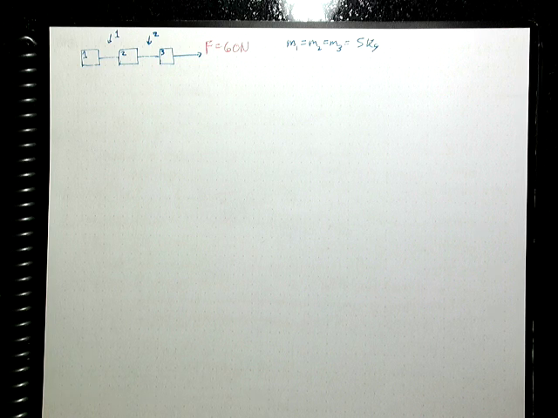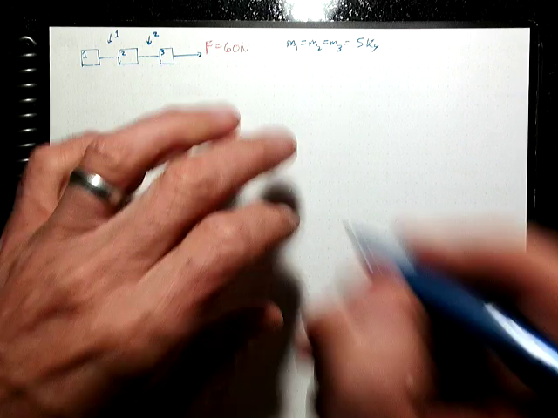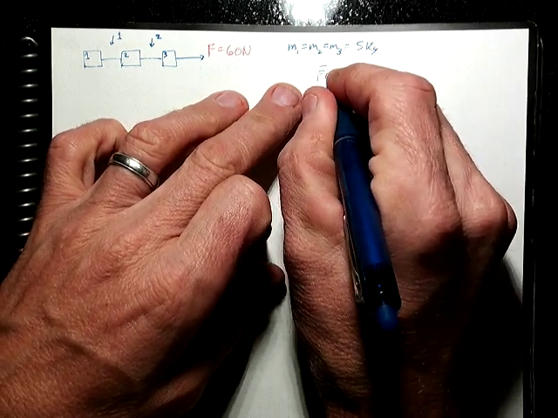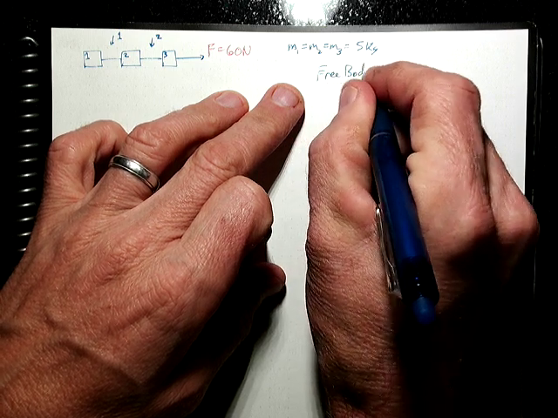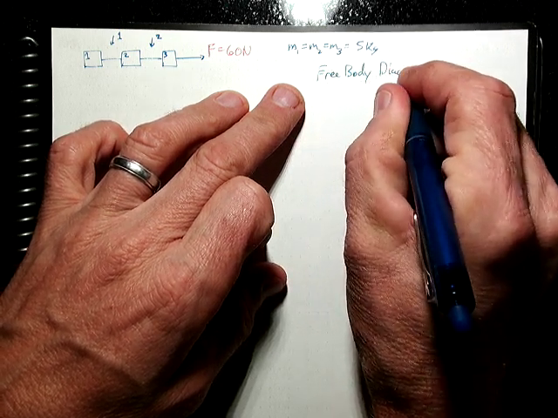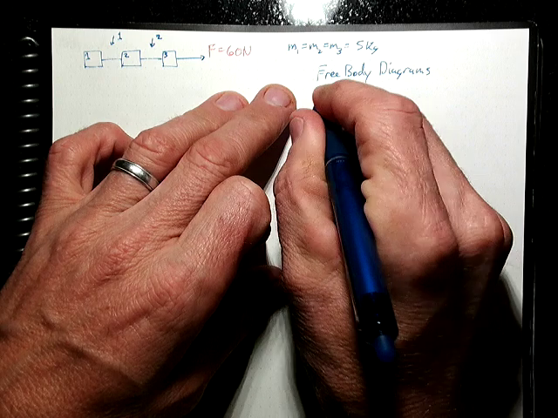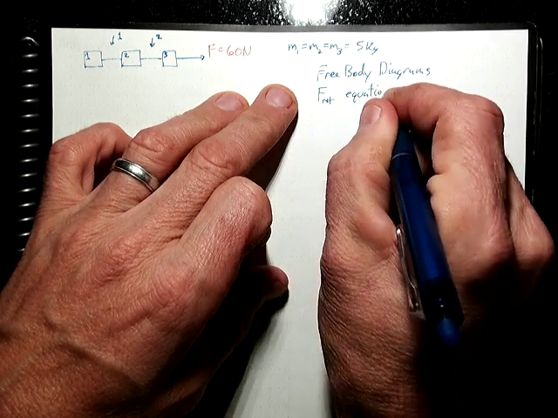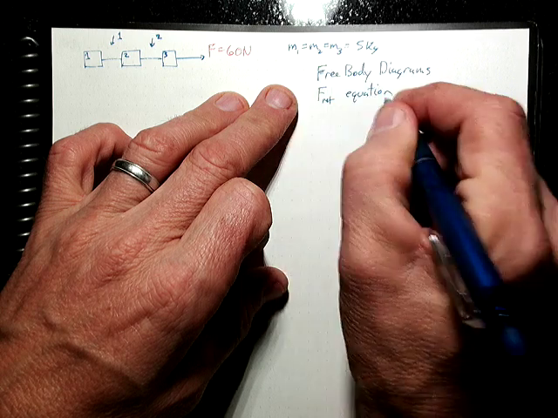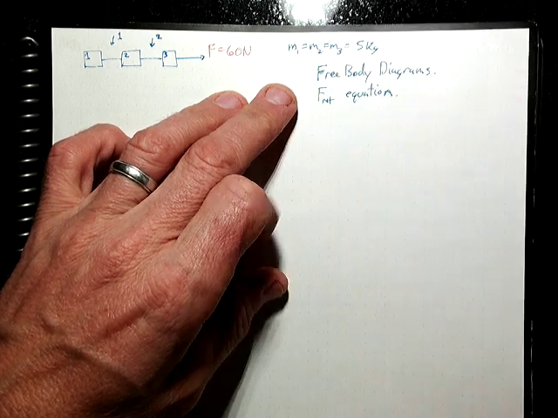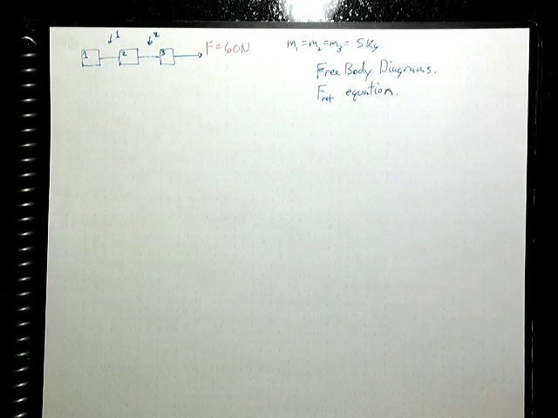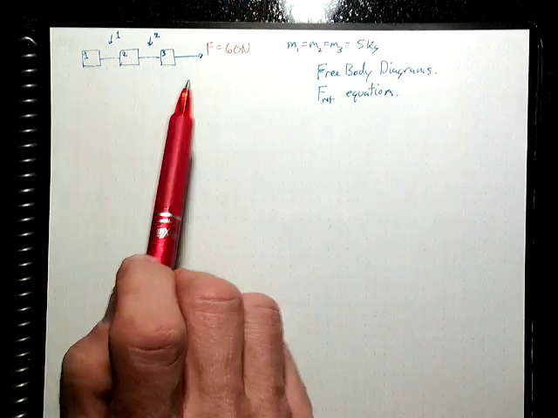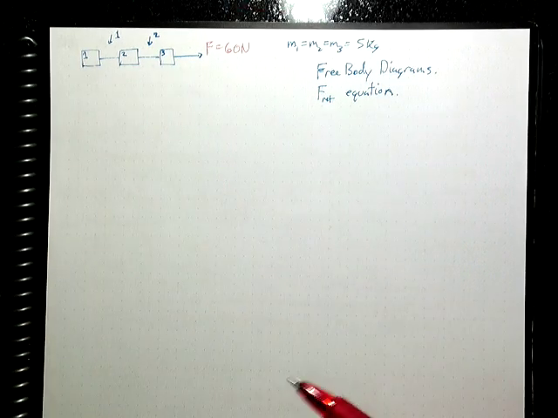So in a force question like this, the big things are free body diagrams, also sometimes called force diagrams, and F-net equations. Both things are addressed in the chapter, so I know you guys read about them, but this is something that almost nobody did on this question or any of the other questions.